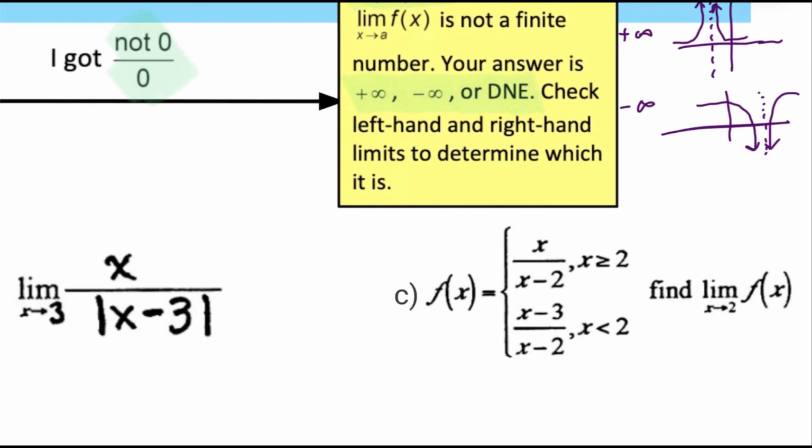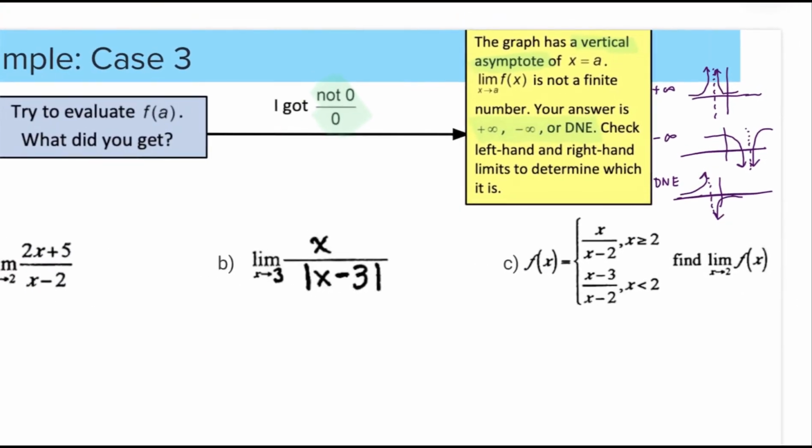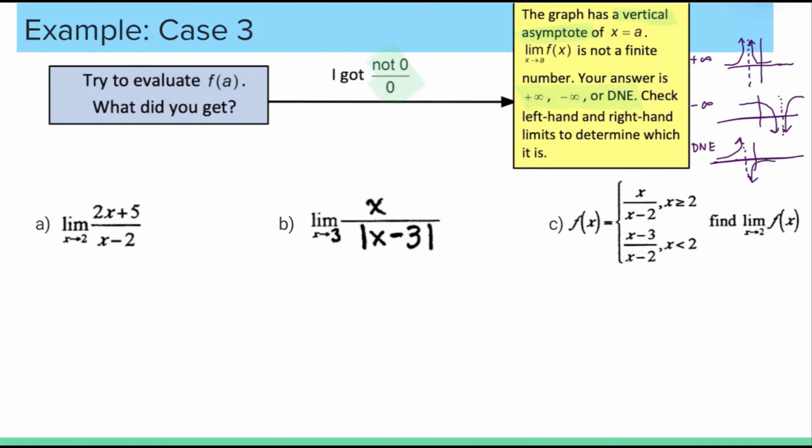For negative infinity, the graphs are both going down. And then for does not exist, that just means wherever the asymptote is, the graphs are going in different directions. Okay, one's going up and one's going down. So anytime you have a vertical asymptote, when you have not 0 over 0, this is what's happening.